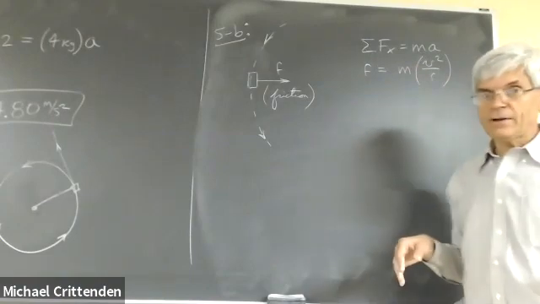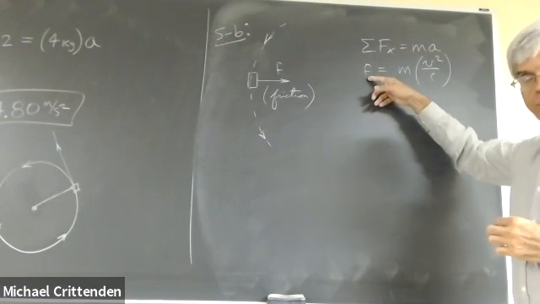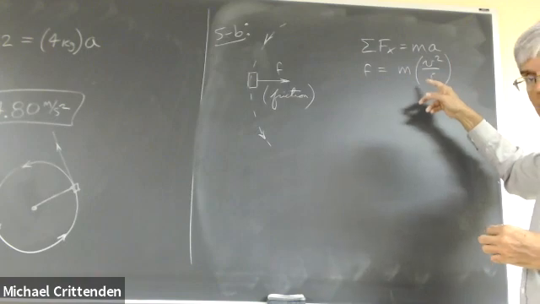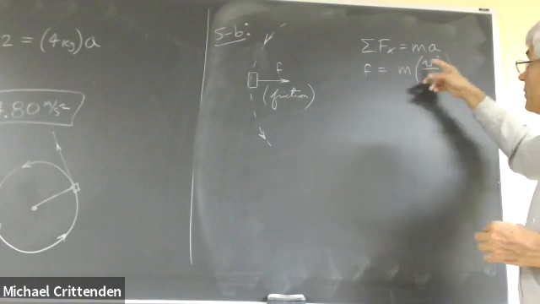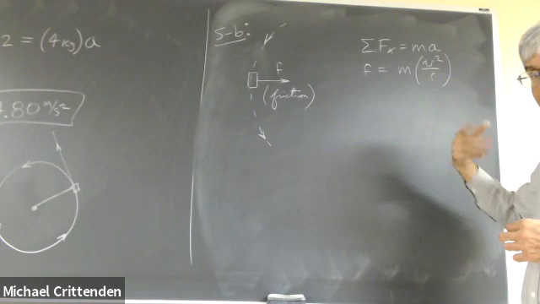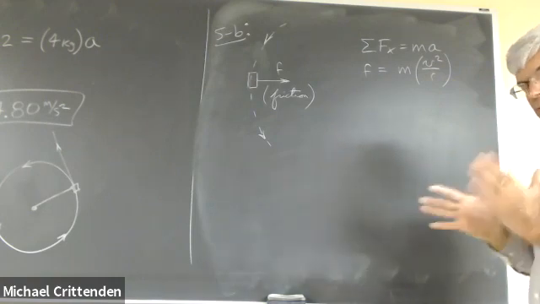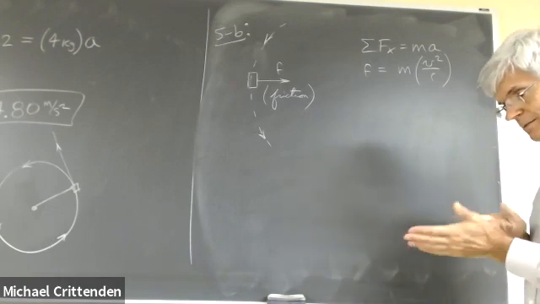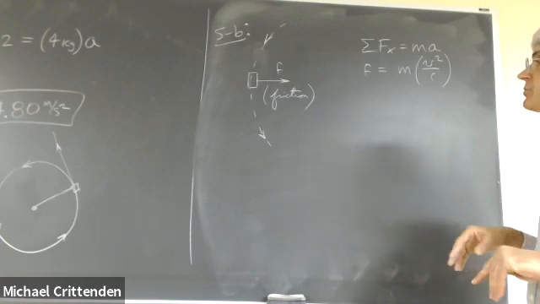If you drive around the curve at 2 miles an hour, static friction will provide a larger force, 4 times as big as what you had at 1 mile an hour. If you go 3 miles an hour, static friction will provide a force 9 times as big, because it's v squared. So whatever is needed to keep the surfaces from slipping, I guess is what I should say.